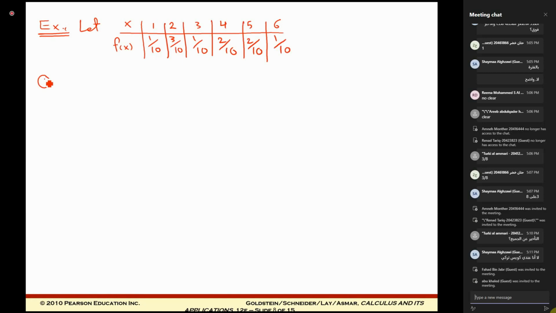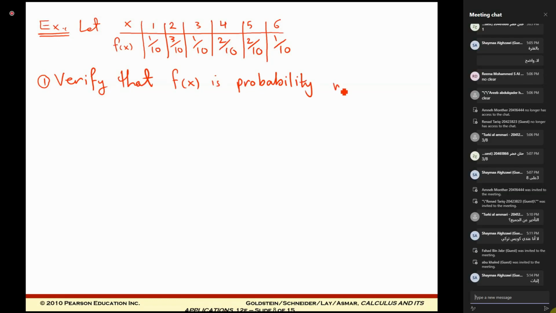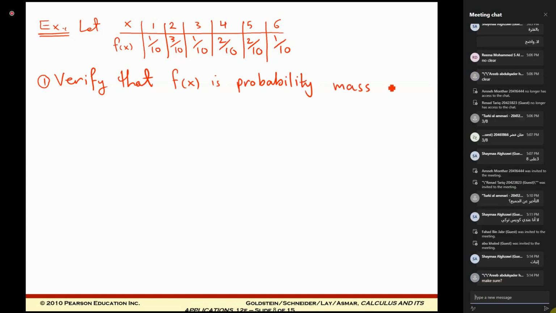Number 1, verify that. What's the meaning of verify? Is it a probability mass function? So we need to check whether this is a mass function or not.